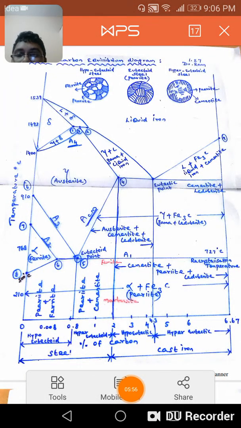In the eutectoid process, a solid phase is converted into two solids, whereas in the eutectic process the liquid phase is converted into two solid phases. Here in hypoeutectoid, from 0 to 0.8, pearlite plus ferrite structure is obtained, and from 0.8 to 2% pearlite plus cementite is obtained.